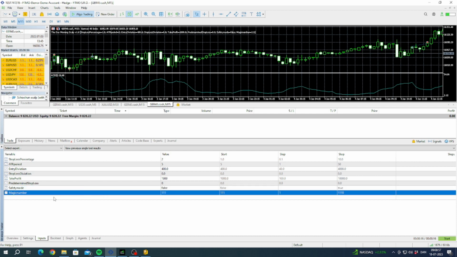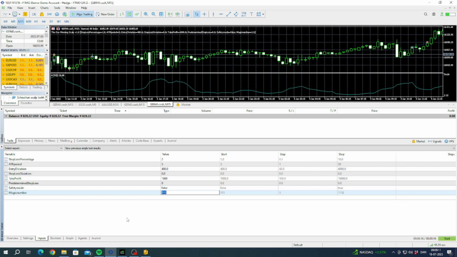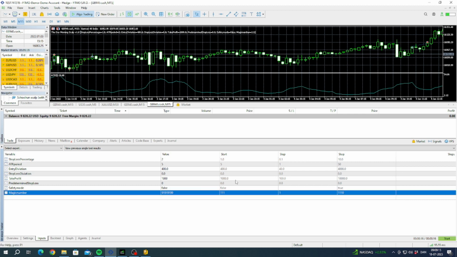And then you have the magic number, which is just a unique identification number for the expert advisor, and you should always change this to something unique for yourself. It can be whatever you want. I mean, you can just use something like a totally random number, but just make sure that it's unique.